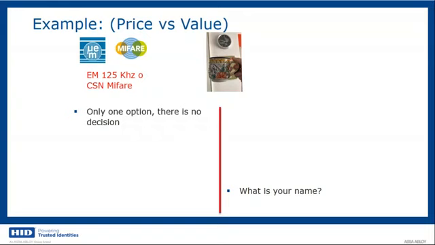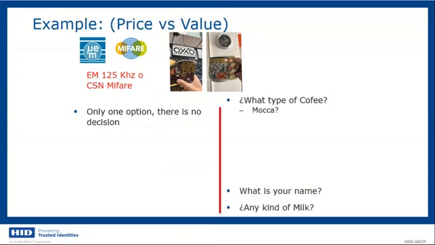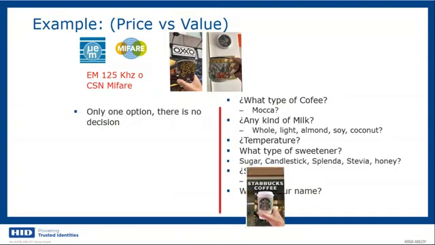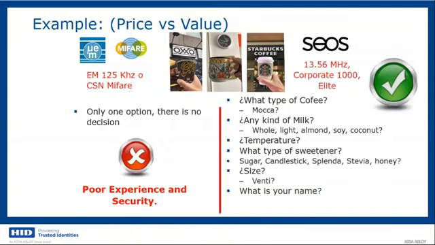If we take this to a more suitable example, if you go to OXXO, I expect that everyone knows what an OXXO is, it's a really Mexican example, the person offering you the coffee will not have any options to offer. They will only have one type of coffee, and that's all you can get. So here you will have a poor experience.